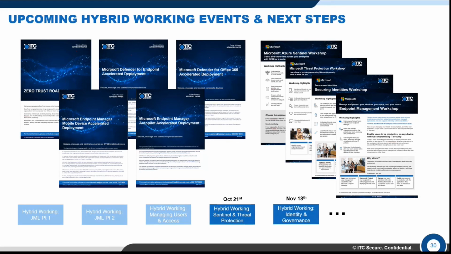We've got some more coming up. In two weeks' time, we'll be running a session on Sentinel and threat protection. That's on Thursday, the 21st of October. We finish off the year with a detailed view of how hybrid working and identity and governance works, and that's on Thursday, November the 18th. All of these will be at 12 o'clock again, and will run for about an hour.